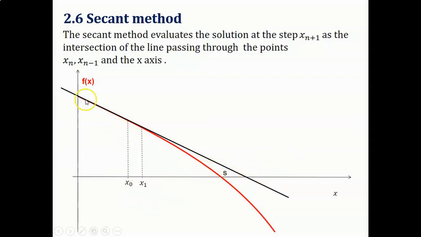So this line is the approximation for the tangent at the point x0 or x1 if x0 and x1 are close enough to each other.